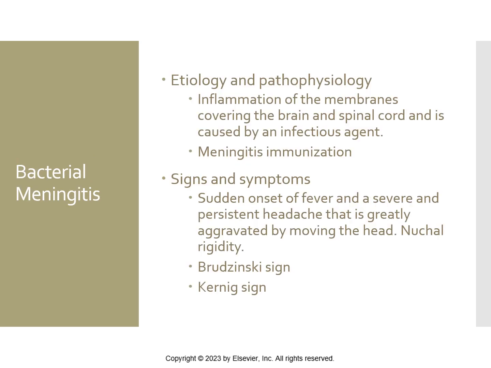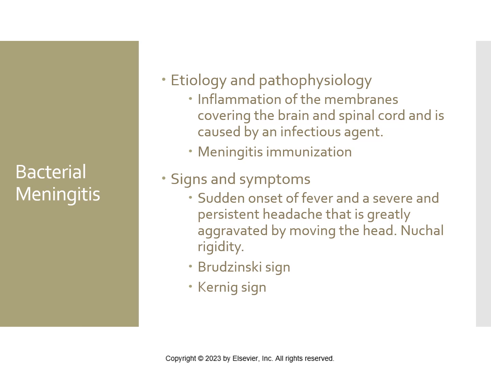Meningitis is an inflammation of the membranes covering the brain and spinal cord and is caused by an infectious agent. Viruses, bacteria, and fungi can cause meningitis. Fungal meningitis occurs mostly in patients with AIDS. Infection can spread from the spinal cord or sinuses to the brain.